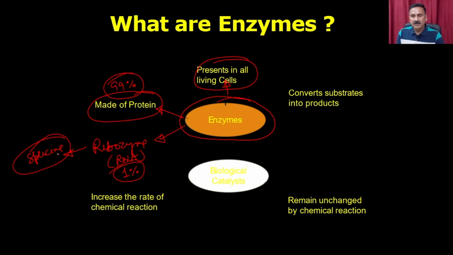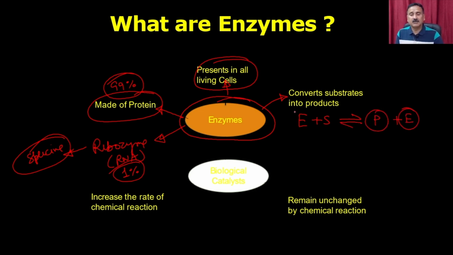Then the enzymes convert the substrate into the product. You know that the enzyme interacts with the substrate, and that's how it forms the product, and the enzyme is released.